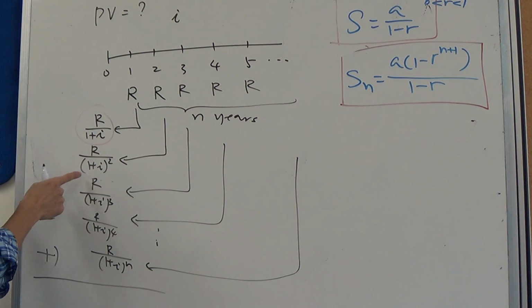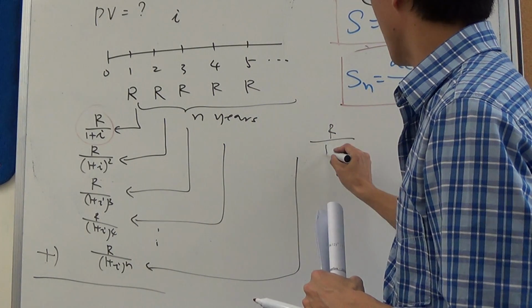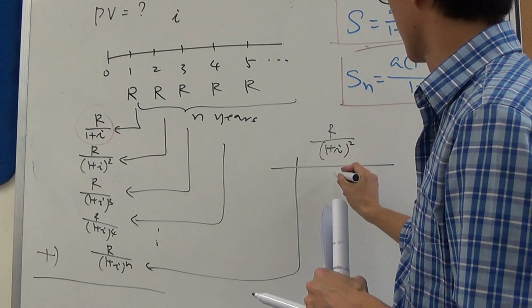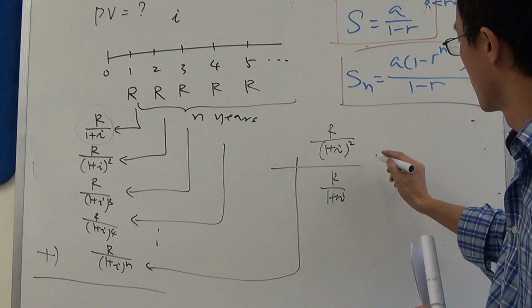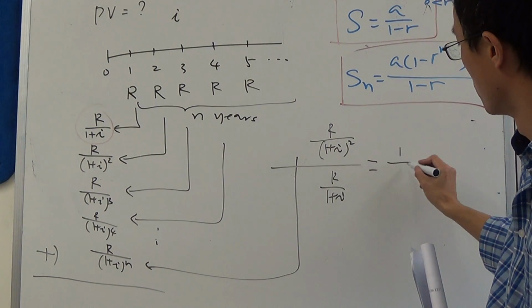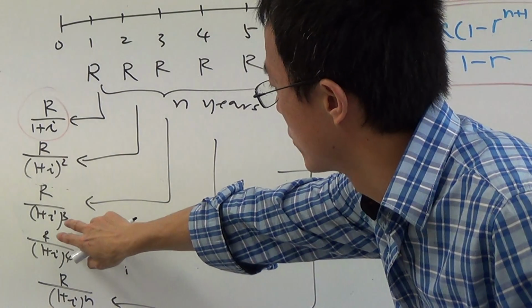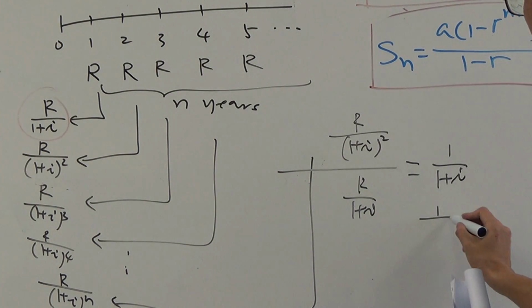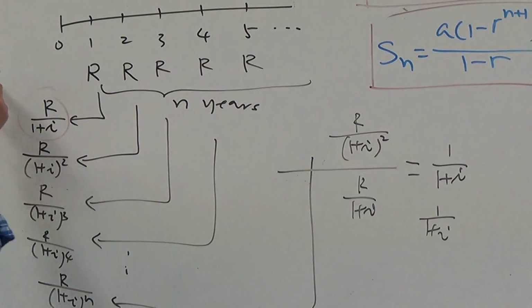If we divide the second term, R over (1 plus I) squared, by the first term, R over (1 plus I), we get 1 over 1 plus I. If we divide the third term by the second term, again we get 1 over 1 plus I, and so on and so forth. So actually it's a geometric series.